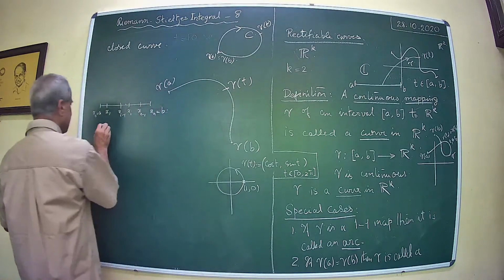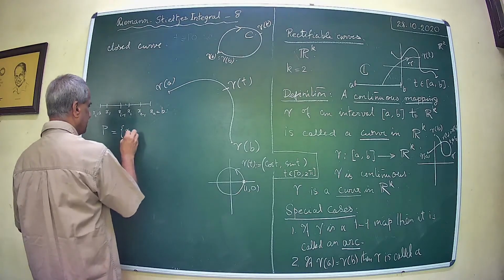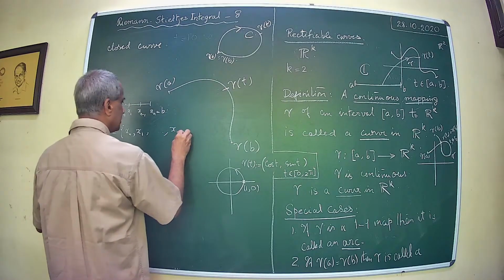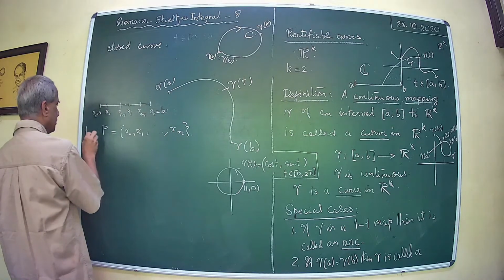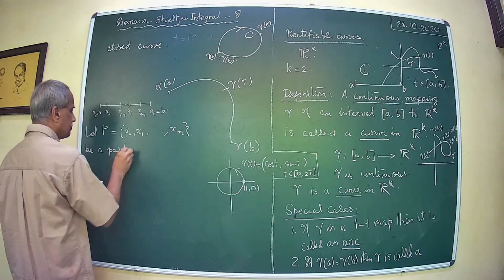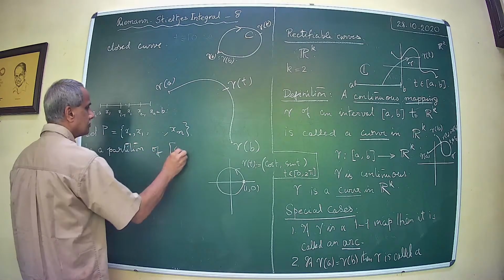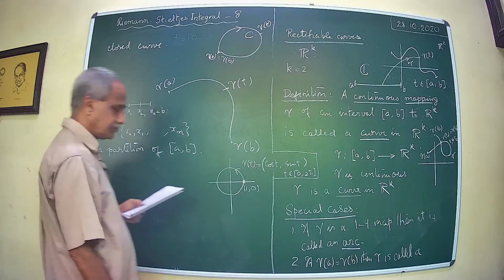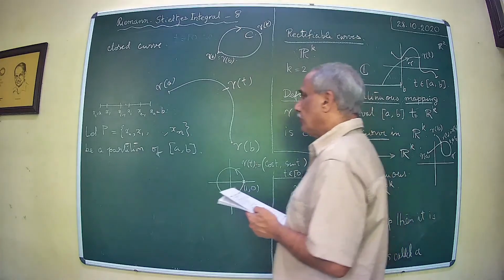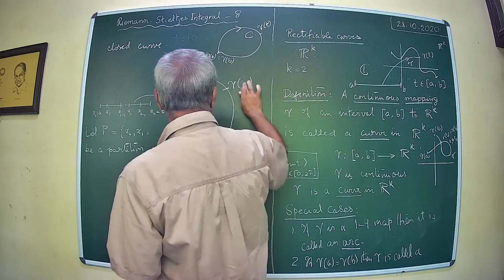So the partition that we introduce is given by x naught up to xn. Now gamma is a map from here to here.